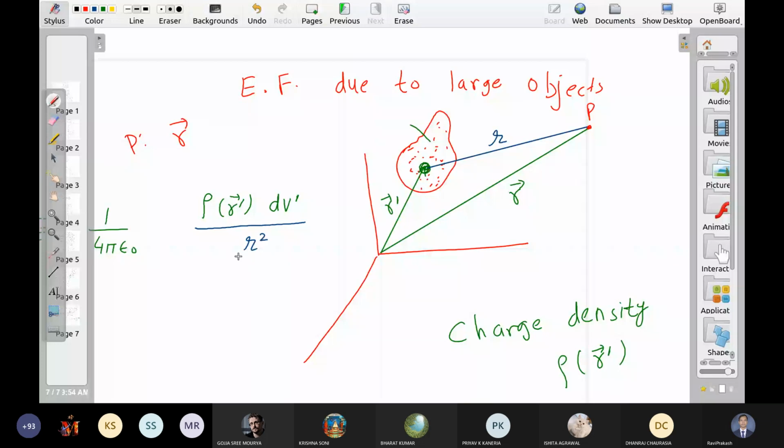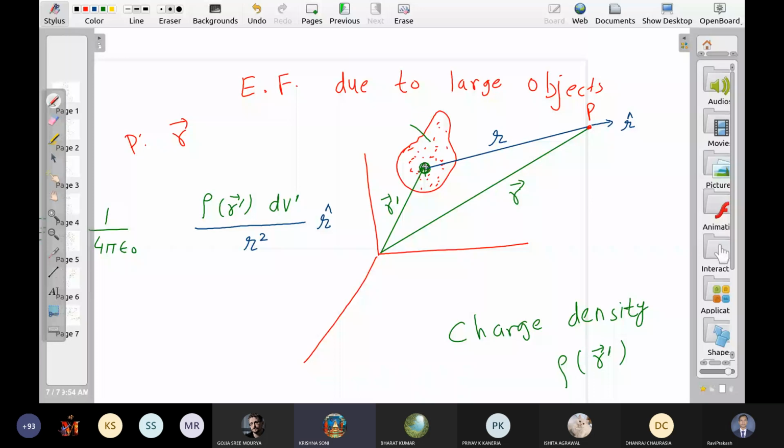What is the direction of the electric field due to this small piece? In this direction, R cap. But this is the electric field due to this small piece. I want to know the electric field due to this full body.